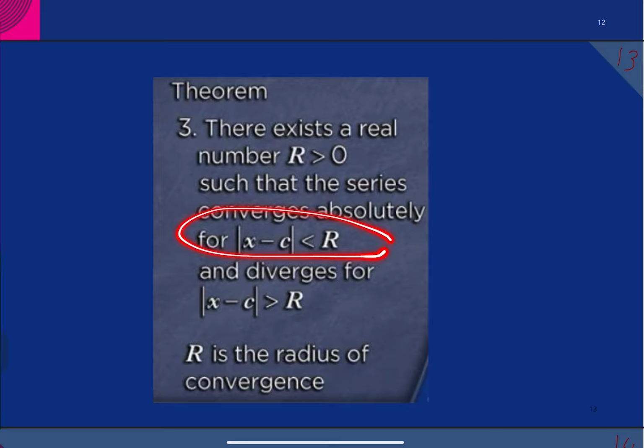And it diverges outside, when the absolute value is greater than r. And we have r here as the radius of convergence. So for values at the endpoints, you have to check with further analysis. So do not forget, r is the radius of convergence.